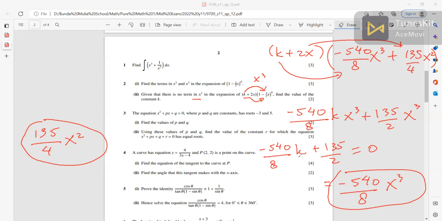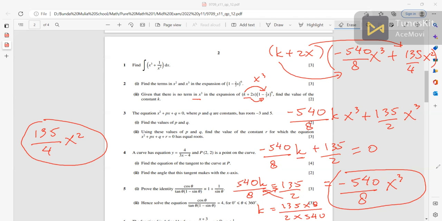I move this k to the other side. So 540k over 8 equals 135 over 2. So k will be, I do cross multiply here, 135 times 8 over 2 times 540.